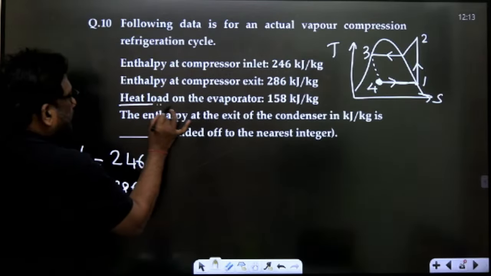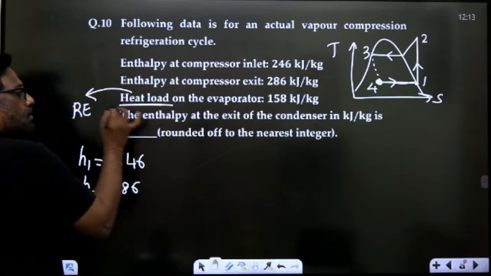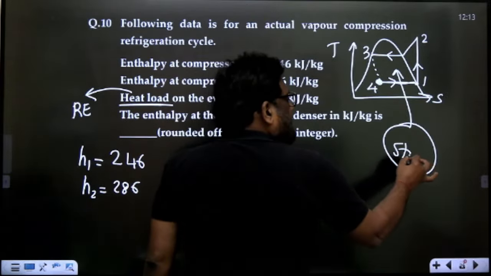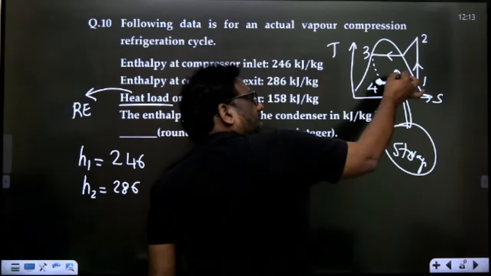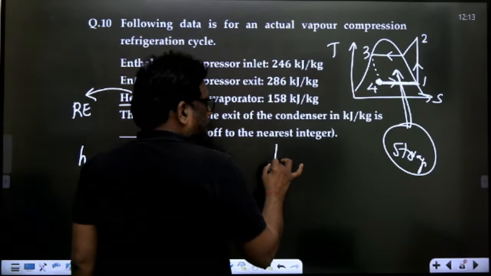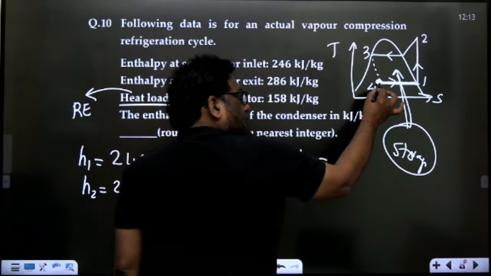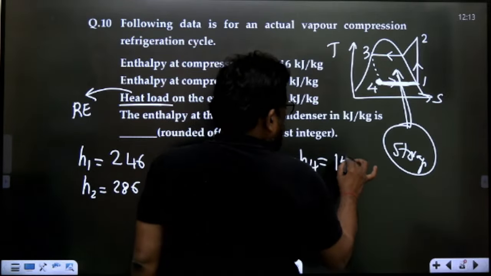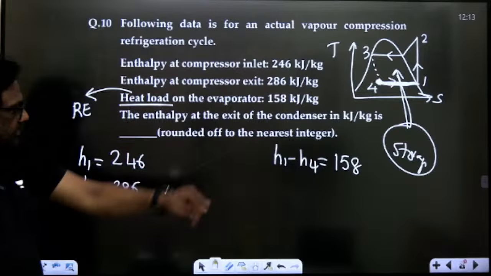The heat load on the evaporator is the refrigeration effect. So whatever it is absorbing from the storage, this is our evaporator, whatever it takes from the storage, that is the load. So H1 minus H4 is the load on the evaporator, and that is given to us as 158. Am I right? The heat load on the evaporator is 158.